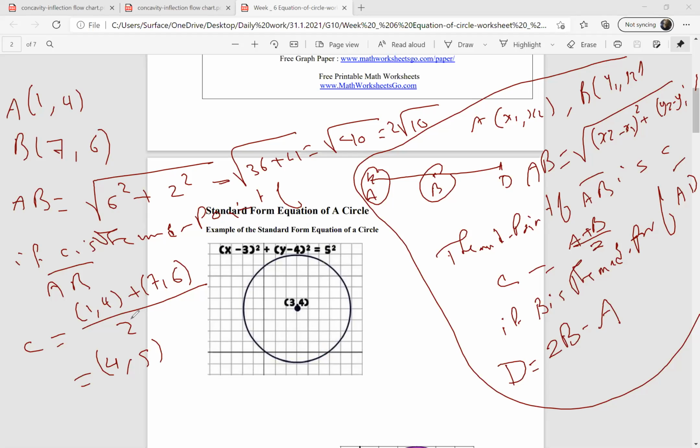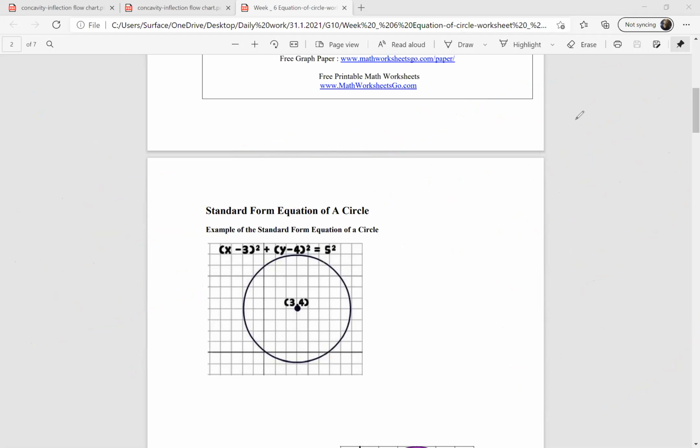What about the equation of the circle? First of all, if the circle has the origin as its center, okay, let me graph a circle.